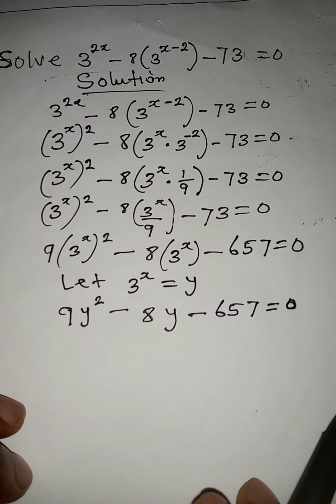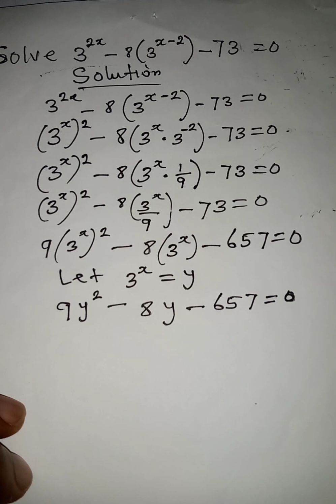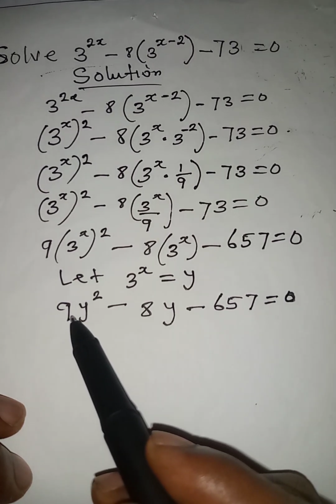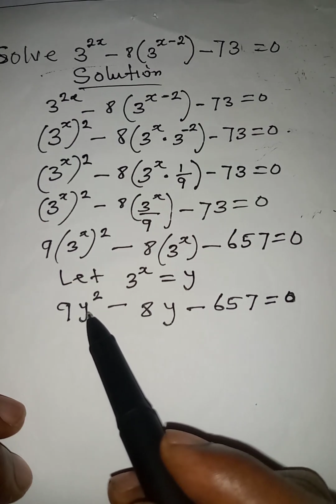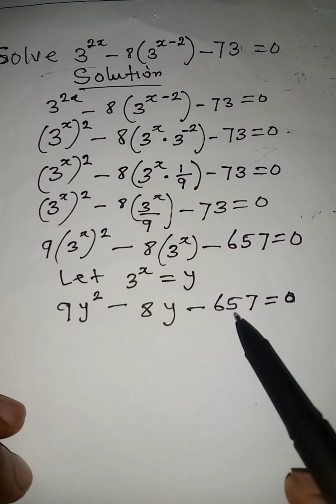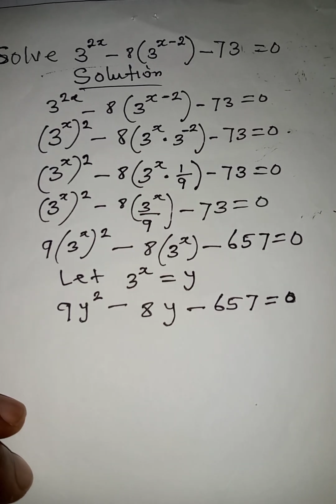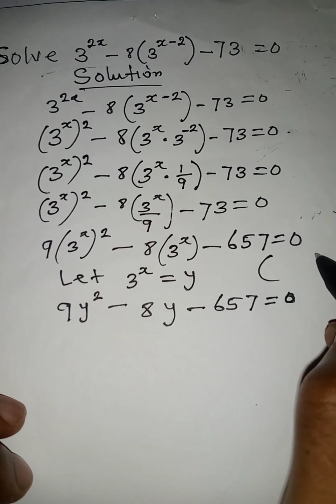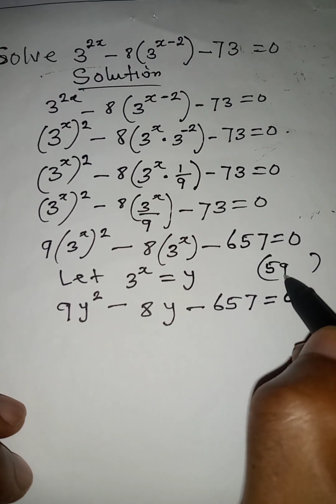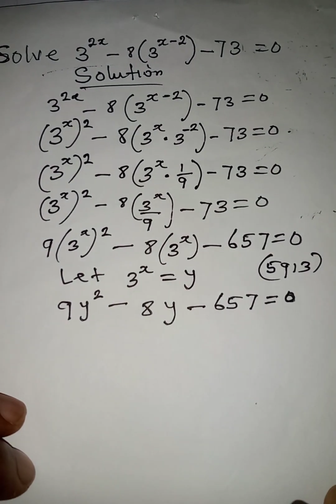Okay, so from here I can now solve this using the factorization method, but because I have 9 here as the coefficient of y squared, I'll have to multiply 9 by 657, and that will give me 5913.